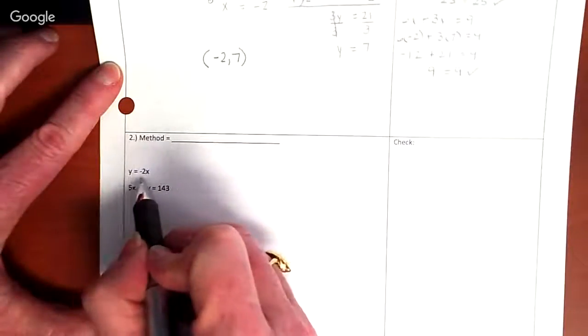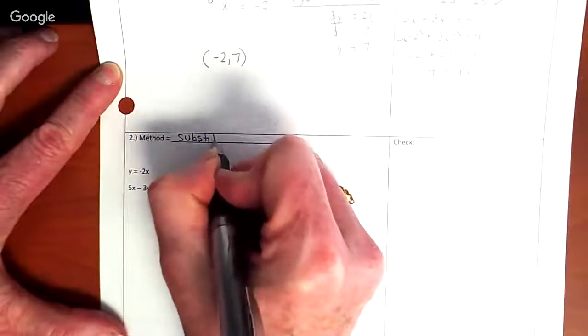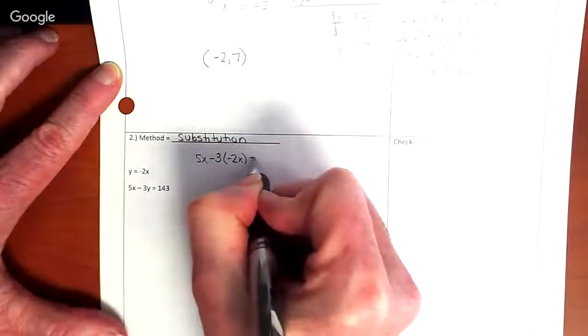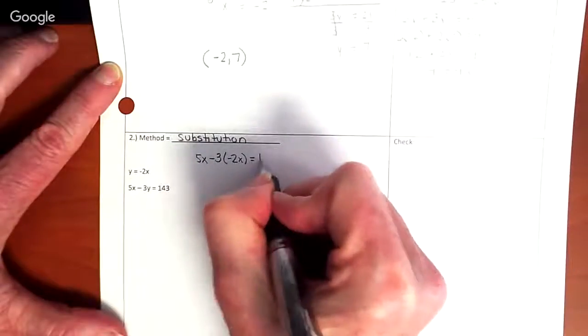My next system, I am going to choose substitution because it has y equals. I can just substitute it in. So substitution. So here I have 5x minus 3 times negative 2x equals 143.